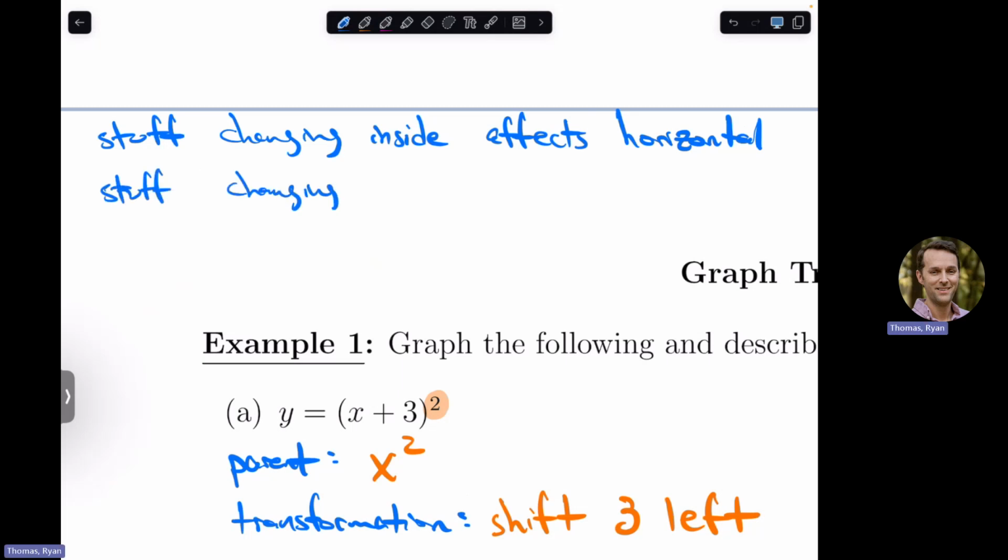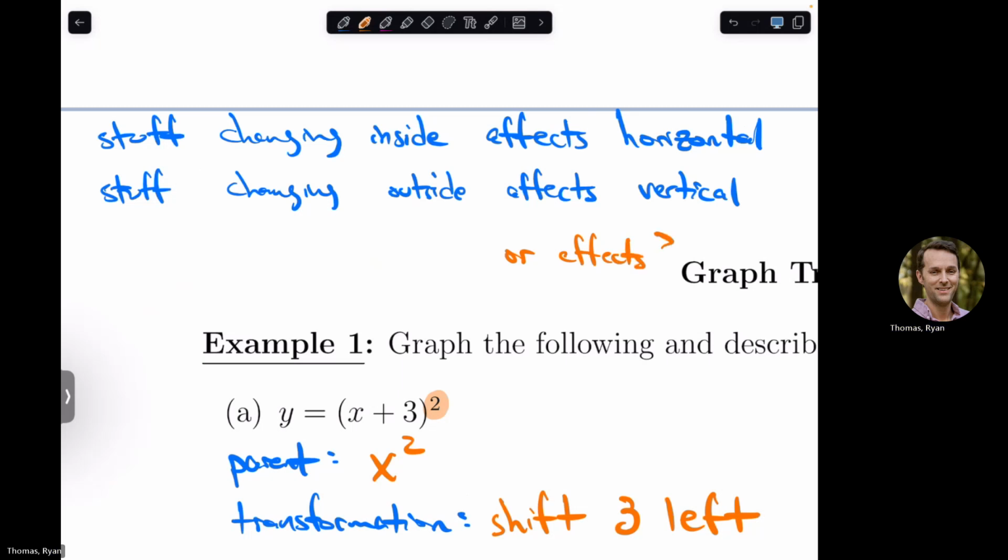Stuff changing outside affects the vertical. Affect or effect? I don't know. It's not English class. Okay.